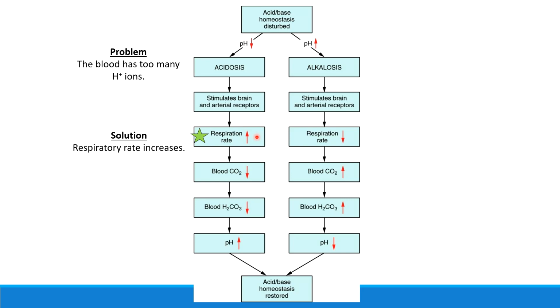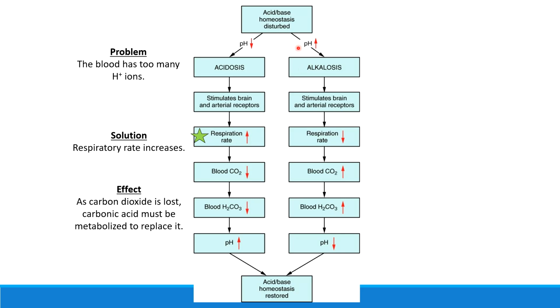As we increase respiration, we're decreasing the amount of carbon dioxide that's present in the bloodstream. And as we decrease carbon dioxide, we have to chop up carbonic acid to replace what we've released. So as I get rid of this carbonic acid, my blood pH begins to rise, and ultimately it'll rise until I reach my homeostasis point, at which point I'm going to slow back down my breathing rate.